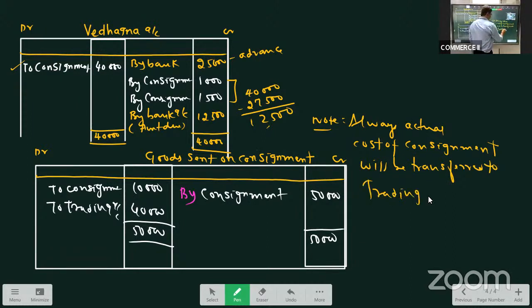Whether it is cost price method or invoice price method, what do we transfer to trading account? It is the cost price only. In the problem we solved, invoice price was 50,000, but that 50,000 had an excess loading of 10,000. That we will eliminate, and we transfer 40,000 to our general trading account. Okay, done. Then we'll take one more problem based on invoice price method.